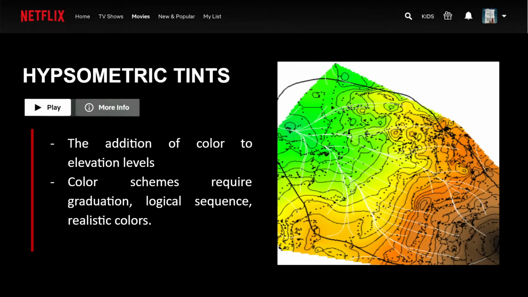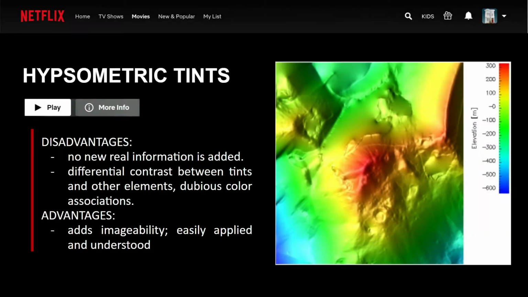Next up, we have isometric tints. Isometric tints are the addition of color to elevation levels. It was first tried as early as 1830. Color schemes require graduation, logical sequence, and realistic colors, with the darkest still able to bear readable text. The disadvantage of isometric tints is that they don't really add new information.